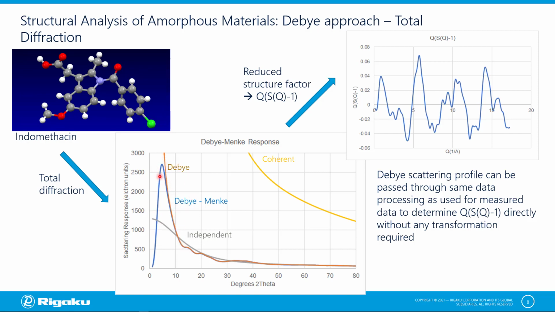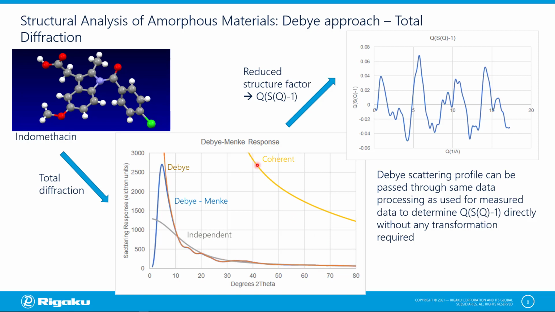It only impacts the small angle region. The wide angle scattering region is unaffected by this correction. It will also give us the independent coherent cross-section here in gray, and you'll notice that the Debye response is asymptotic to the independent coherent response out at high 2 theta values.